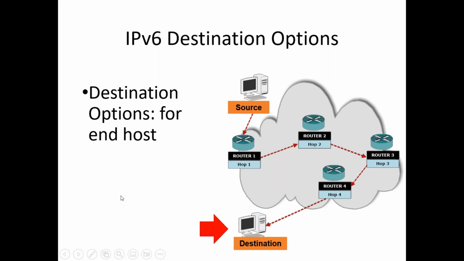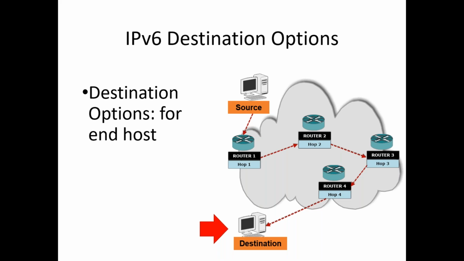So another very interesting extension header is the destination option extension header. And the reason this is interesting is that it is set at the source and destination, and there is an open question as to whether things in the middle, the routers in the middle or any other devices, can or should be able to read it.